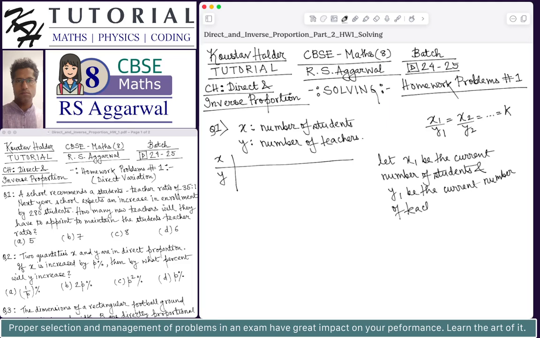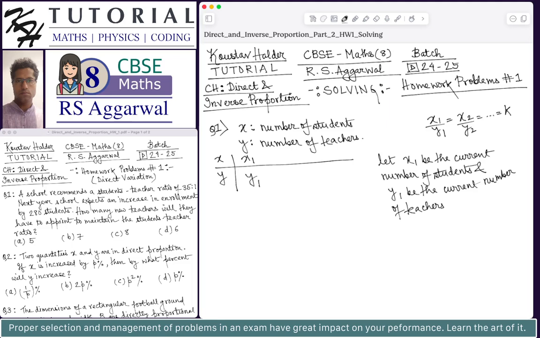So I am assuming that in the current year the number of students is x1 and the number of teachers is y1. So I can enter this data in the table. So I have x1 and I have y1. So this is for the current year.